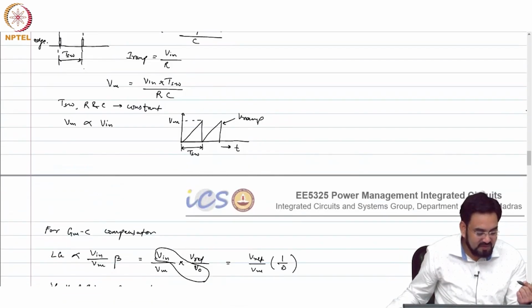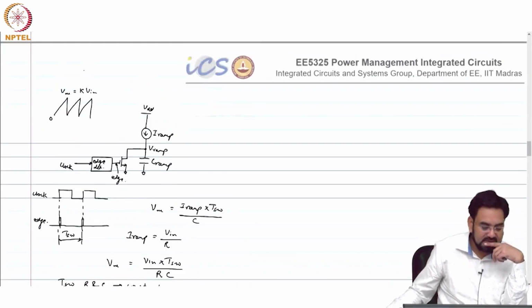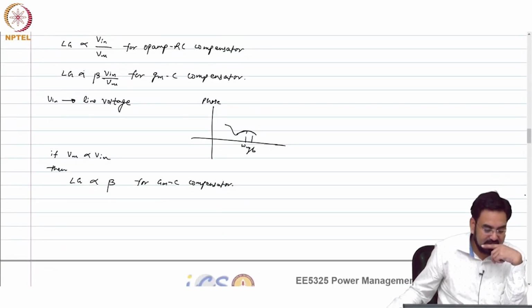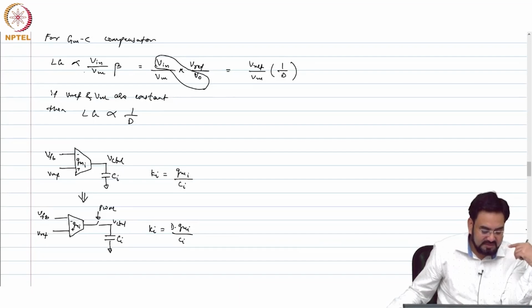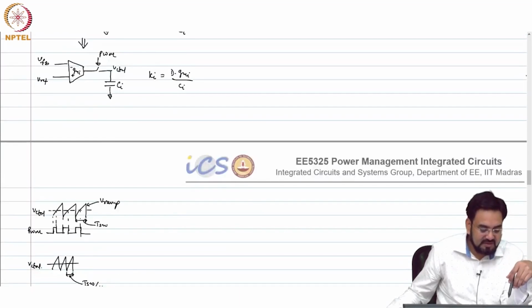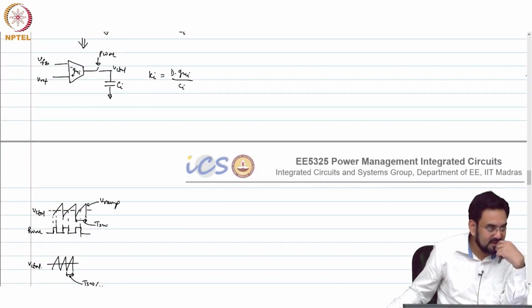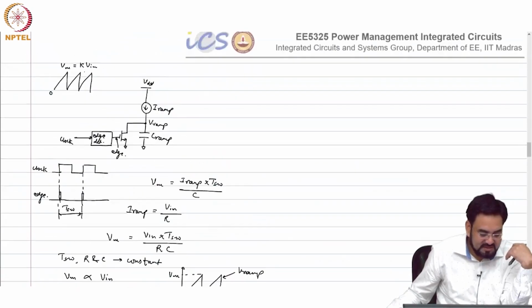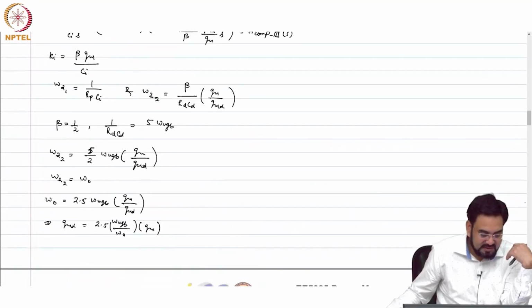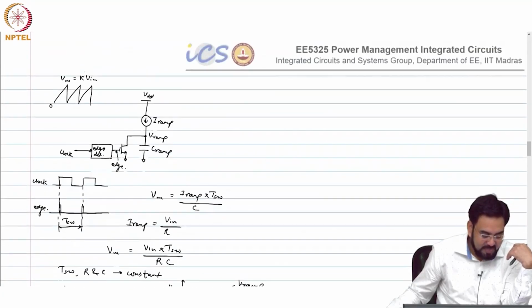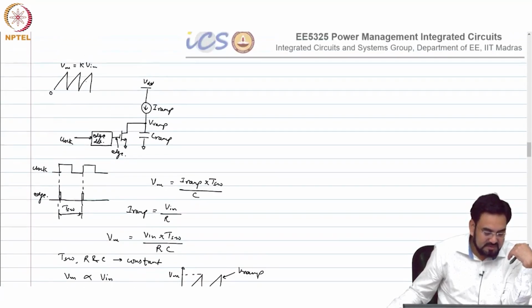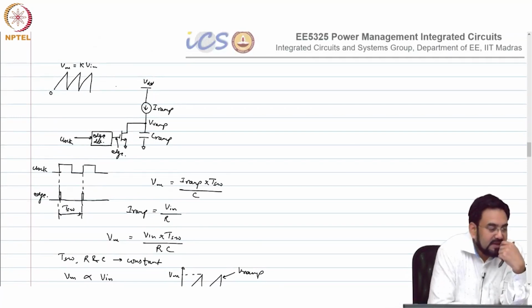Okay, there is one more advantage with this. Can anybody tell? This line feed forward component, not this one, because here we are not controlling the duty cycle with the line, we are not changing the ramp signal, but in this case we are doing that in that op-amp RC. Can anybody tell the advantage of using this?